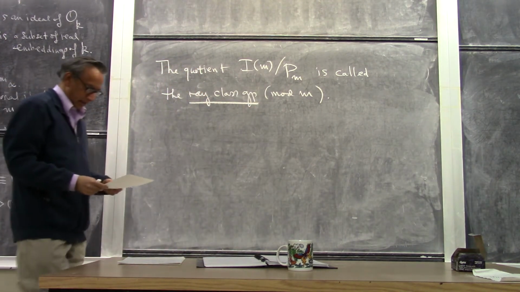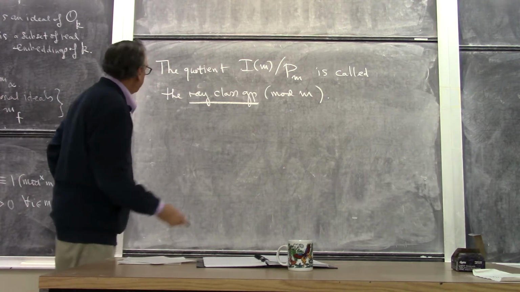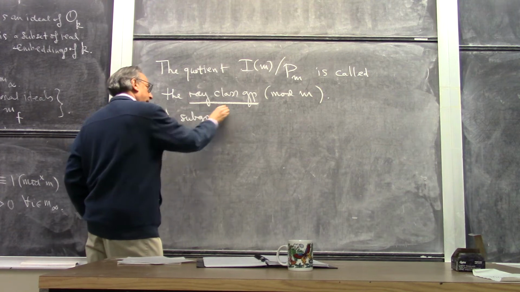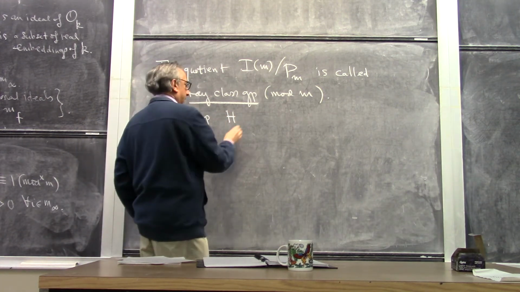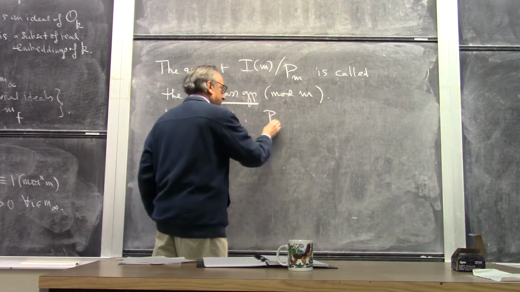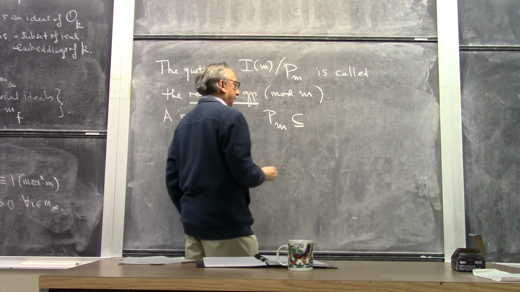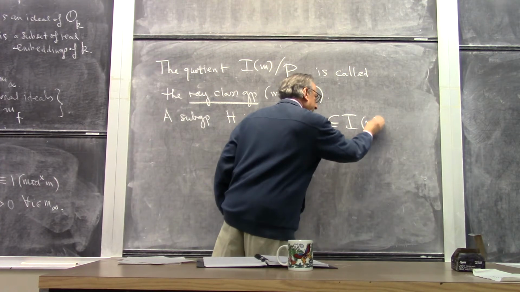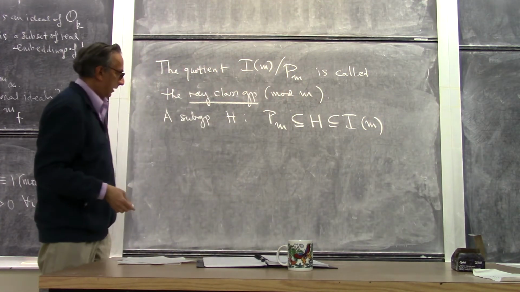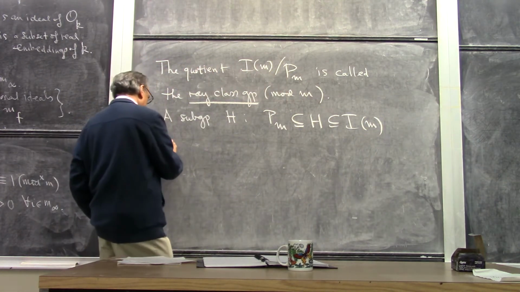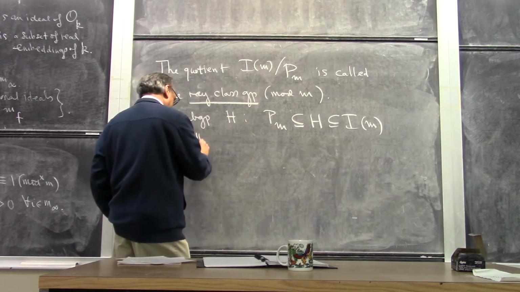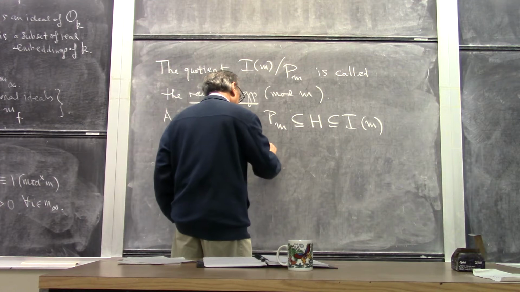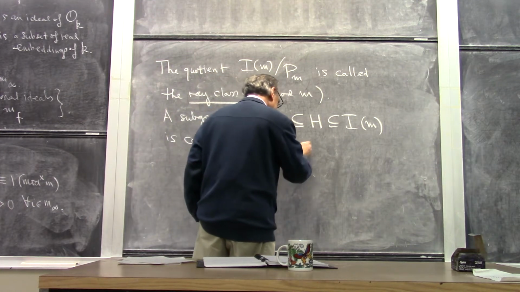So you have this, and a subgroup H satisfying the condition that P_m is contained in H, which is contained in I(m). Such a group H is called a congruence subgroup.